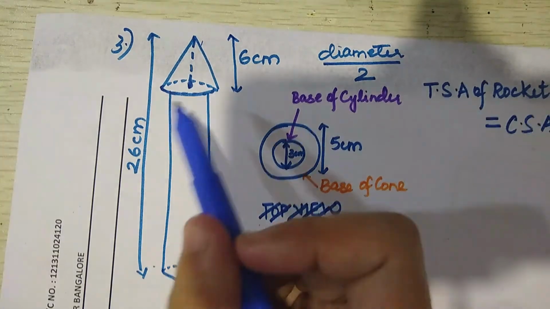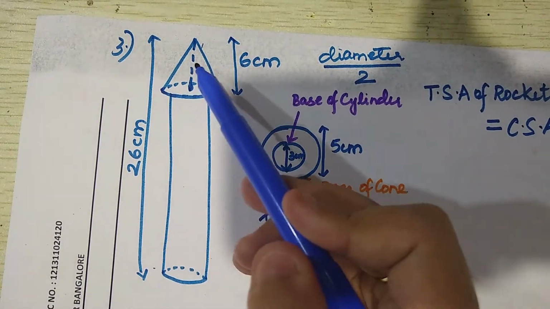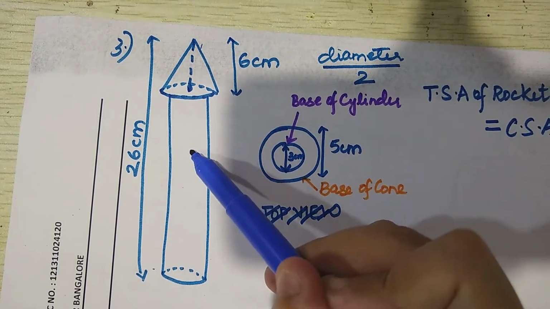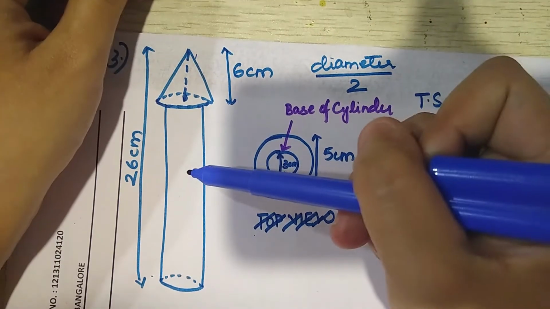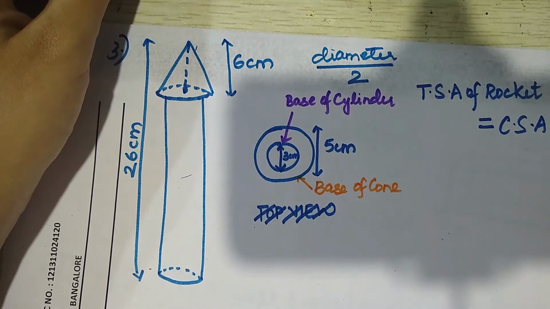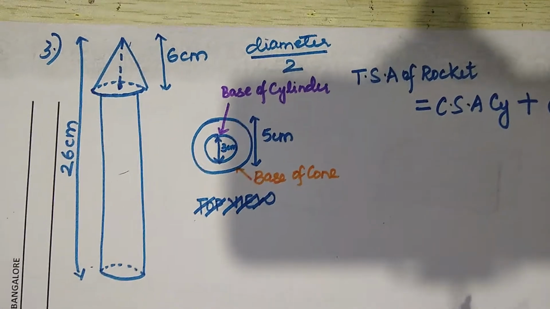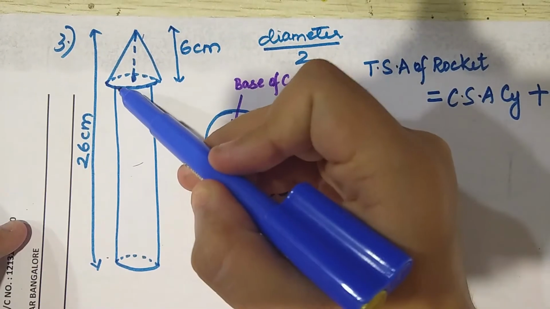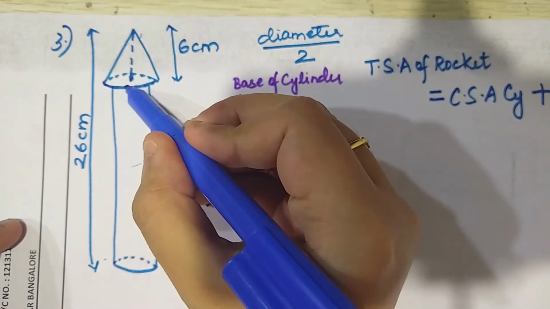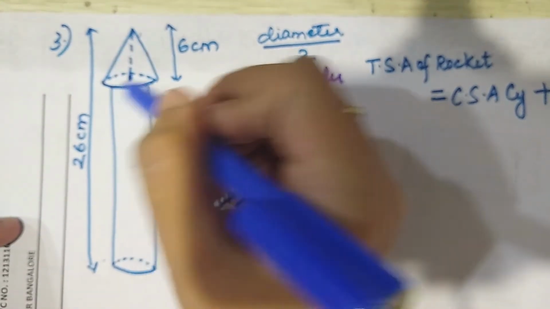Again, what you observe here is cone's curved surface area includes both this curved area and the base. And also for a cylinder, the curved surface, this region, and the base are both considered while finding their surface areas. So what we have to do is remove one of the cylinder's base areas. Down we'll have to consider, but here on top we don't have to consider. Why?